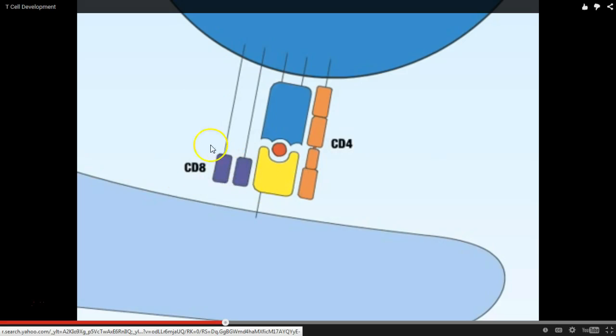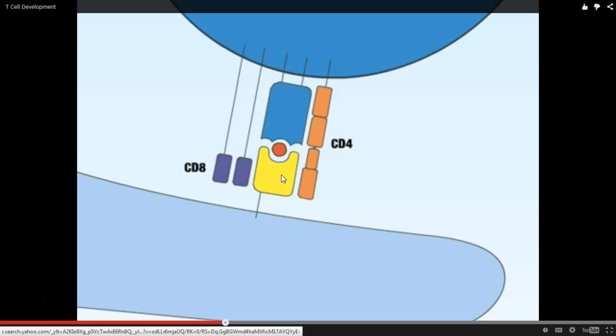It usually only interacts with CD8. Since this one is recognizing it, it's going to stop producing CD4 and go down that line of being what we call a CD8 T cell.